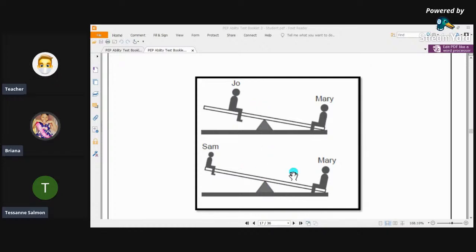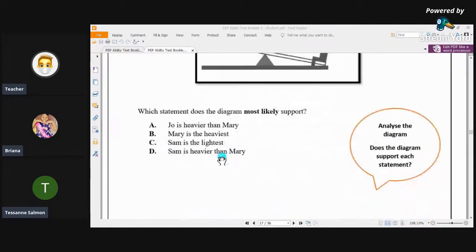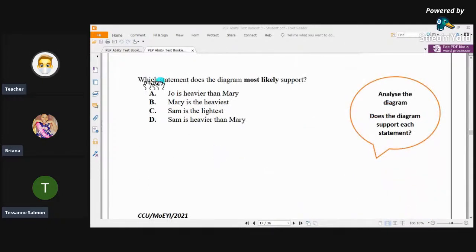Mary is heavier on both. So Mary is heavier than Joe, and Mary is also heavier than Sam. All right, so let's go with this now. Which statement does the diagram most likely support? What are your options, Brianna?